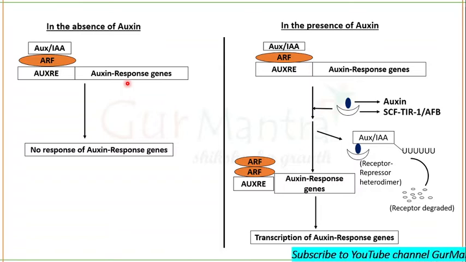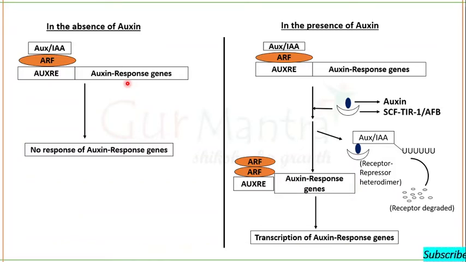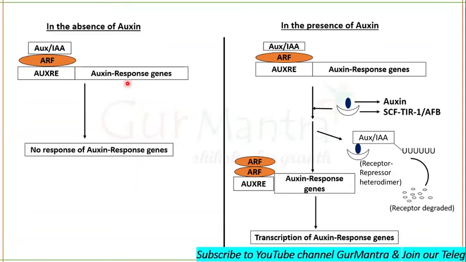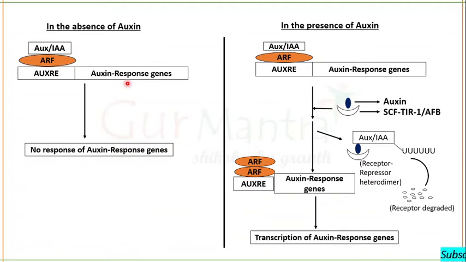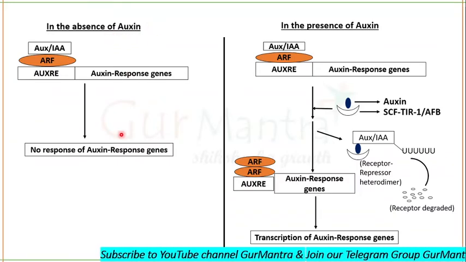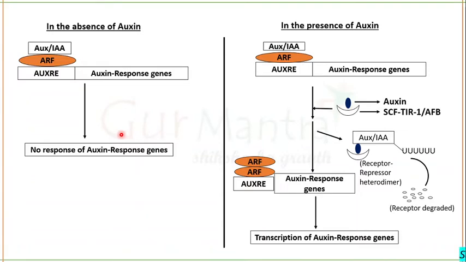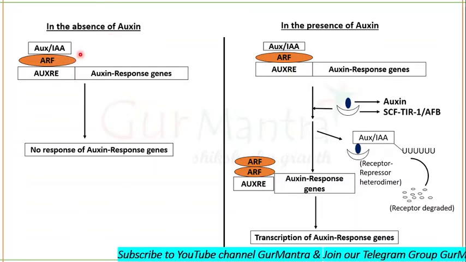Why? Because in the absence of auxin, the repressor is acting on the auxin response factors. When these factors are inactive, the auxin response elements won't be able to perform their function, and won't be able to activate the transcription of auxin response genes. So this is all about auxin signaling in the absence of auxin. There is no response of auxin genes due to this AuxIAA repressor, which is binding to the auxin activator protein.